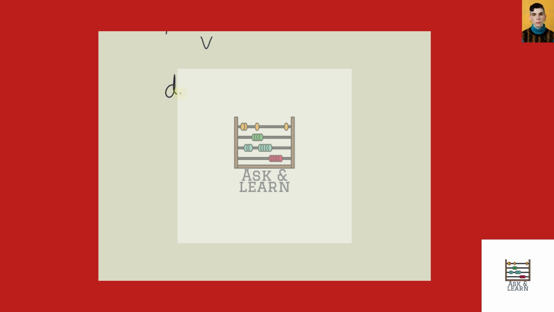So magnetic field dB will be equal to mu naught divided by 4 pi into nq by r square, and v also will be there. nqv represents a current.